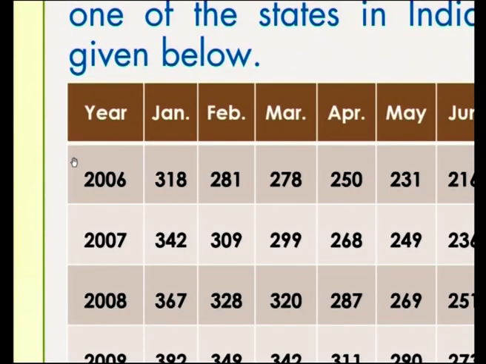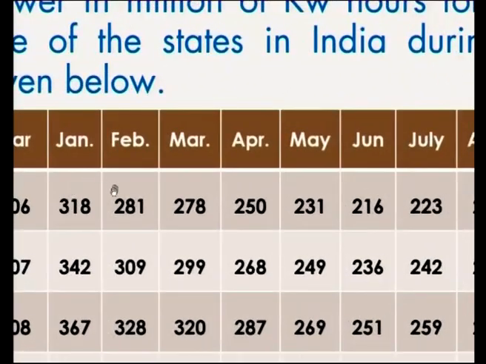For the year 2006, the values are: for the month of January, the street lighting consumption is 318 million kilowatt hours.